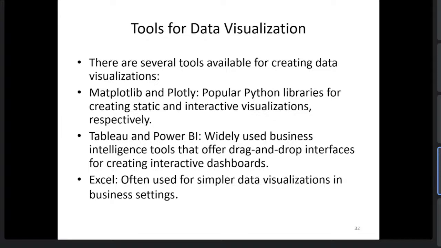The tools are available: Matplotlib, Plotly, Power BI, and also MATLAB that you can use. You can use Excel for the visualization of data. I think many of you have used these tools to visualize data. Now move to the next slide.